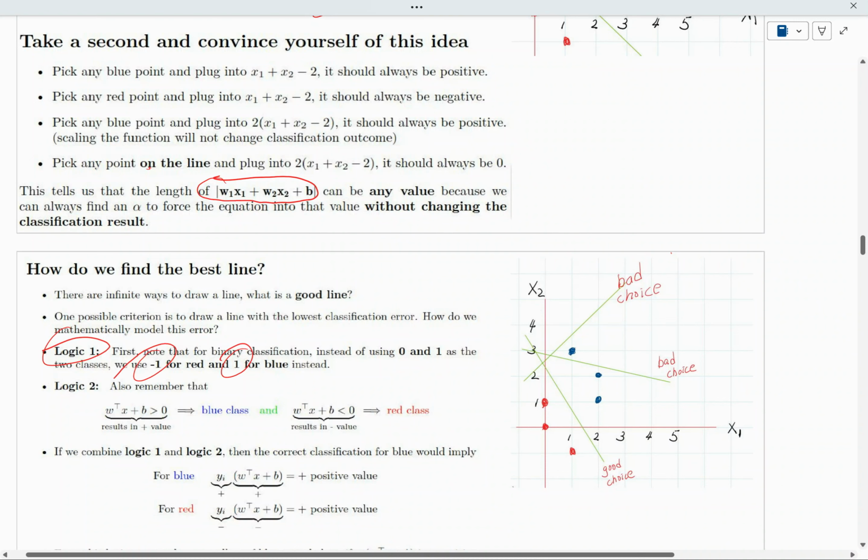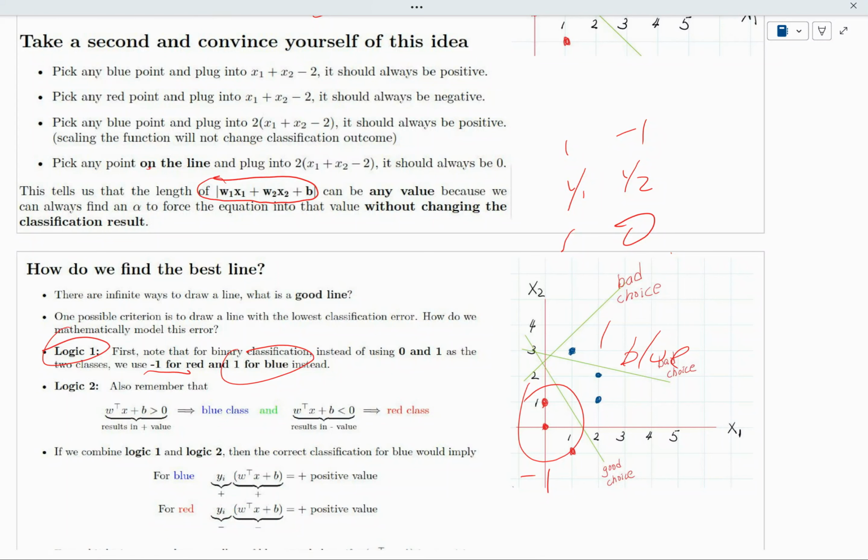You just need to remember that our labels y1, y2 are equal to 1 or -1, whereas when we were doing logistic regression, it was 1 and 0. So we just changed the labels. We made it so that -1 is for red and 1 is for blue. So the 1 is above and -1 is below. Hopefully you can hold that in your head.